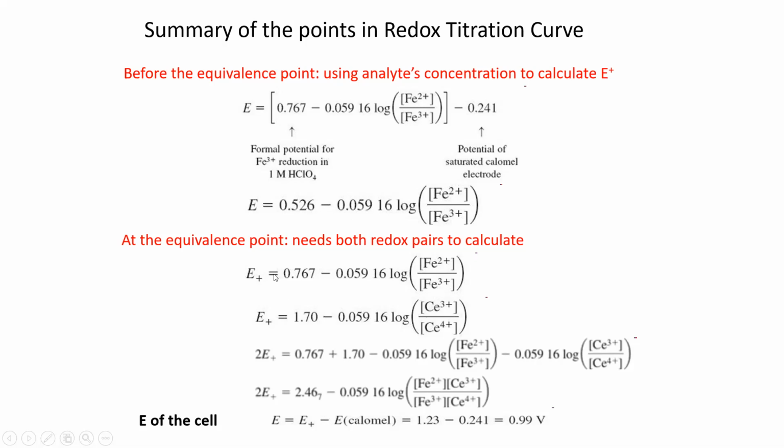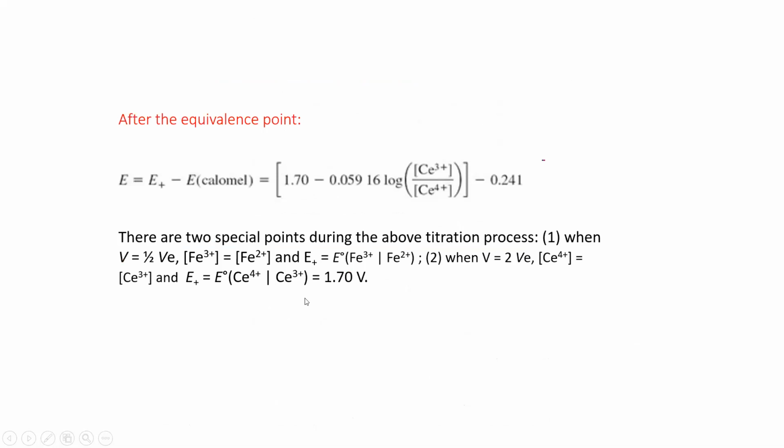At the equivalence point, we do that for both the oxidation half and the reduction half. We add the two together and we get the potential of that as well, subtracting the reference electrode from it to get the E naught of the cell. And the post-equivalence point will just be that of cerium, because that is what is remaining in the species.